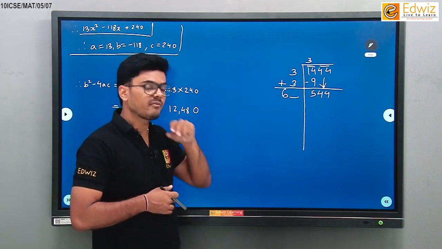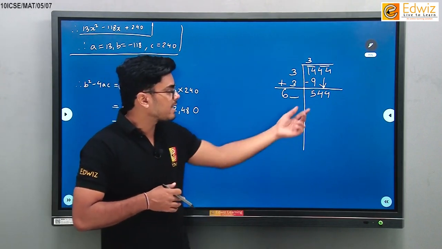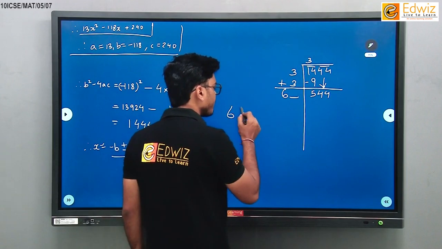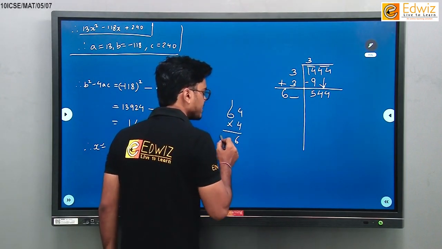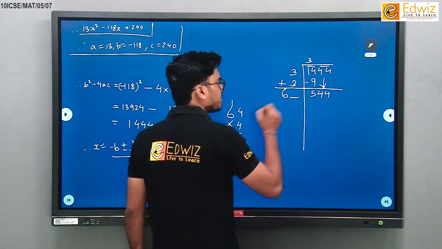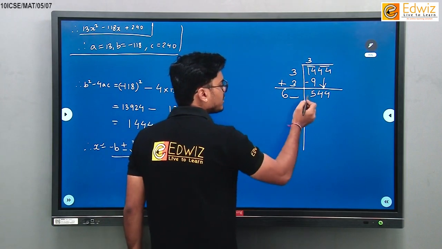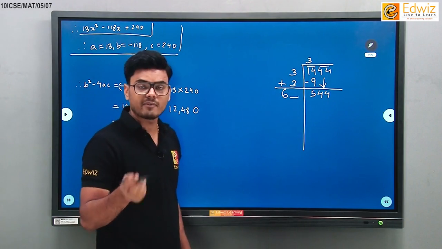So 63 if you take, you should multiply by 63 into 3, correct? And it should be again less than or equal to 544. So if I take 64 into 4, what will I get? 4 4s are 16, 4 6 are 24, 256, which is a very less number than 544, right? So let us try a little bit bigger number. You know that 544 is near about 60 into 9, 540.